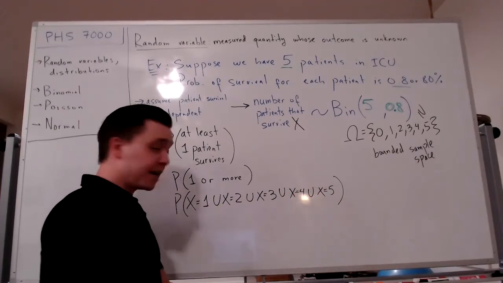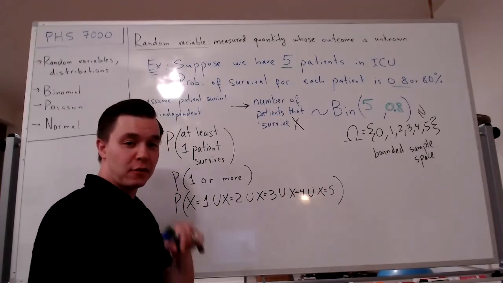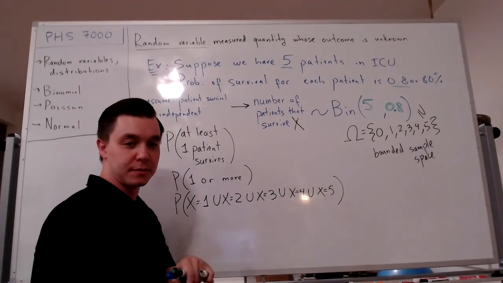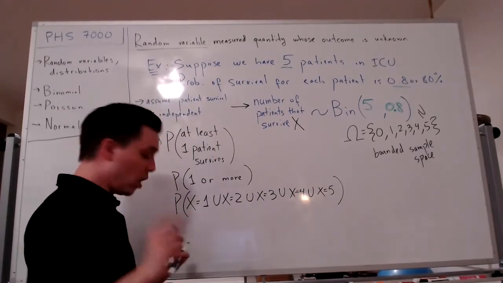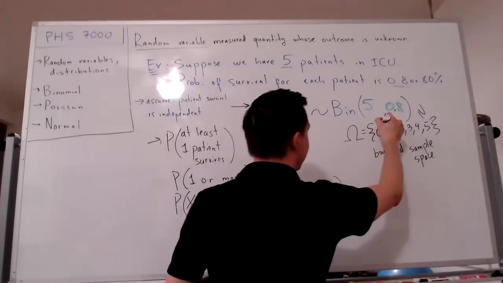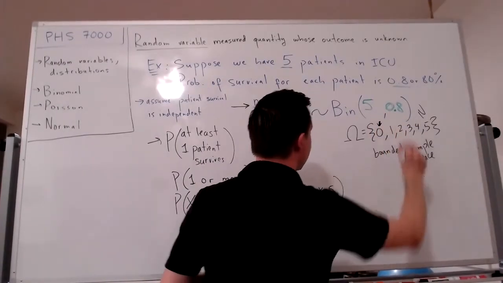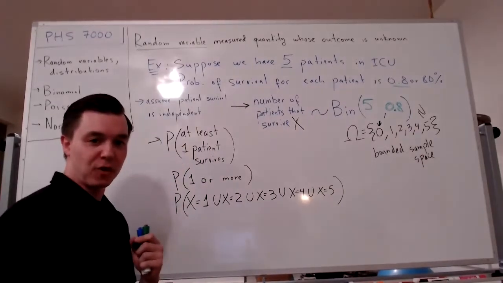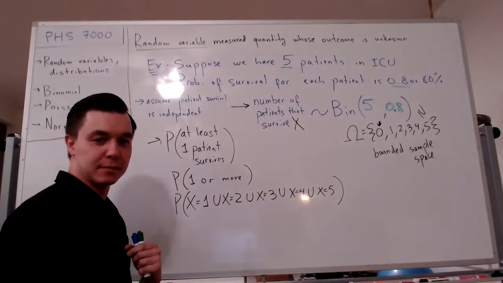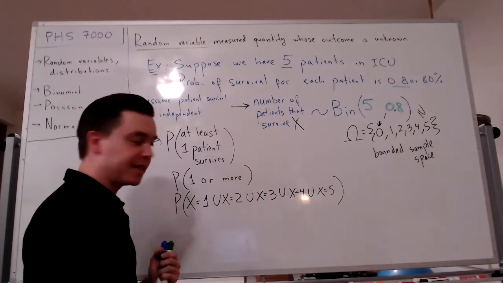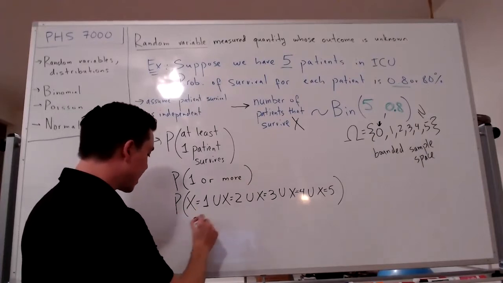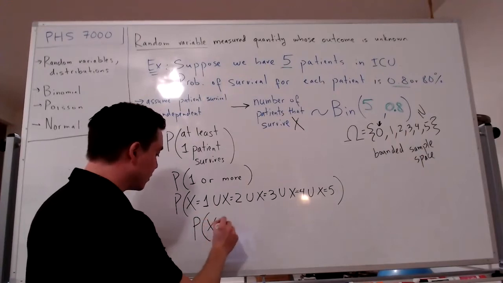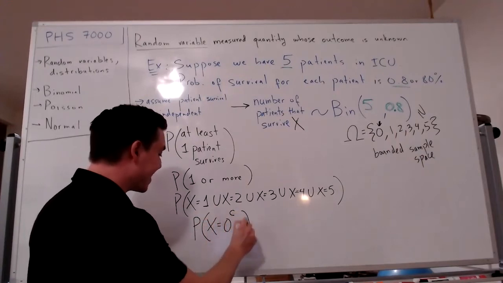Cool. Do I have to evaluate 5 binomial distributions? Or not. There's only one event in the sample space that is excluded from at least one patient. That is the probability of 0. So I can just rewrite this as the probability of x equals 0, complement.